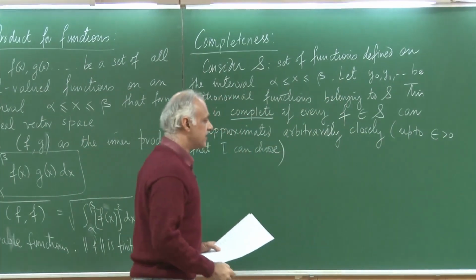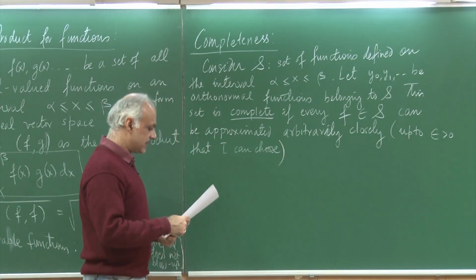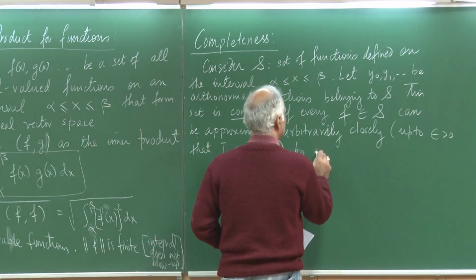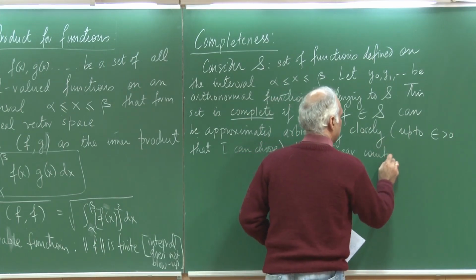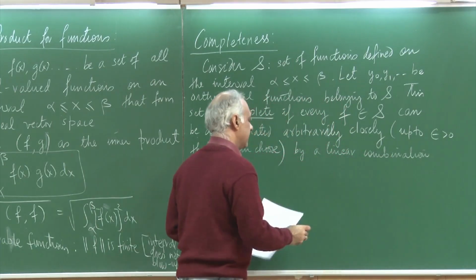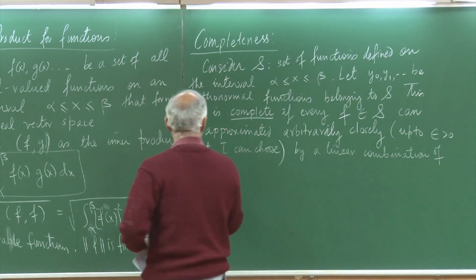Okay. So that is the error in the approximation, which means in fact I could even get an exact representation by a linear combination of the functions.